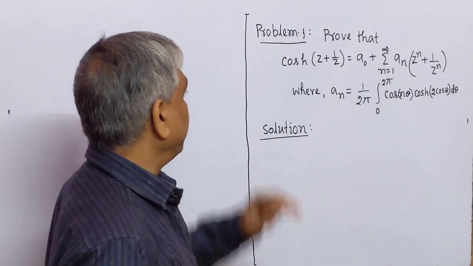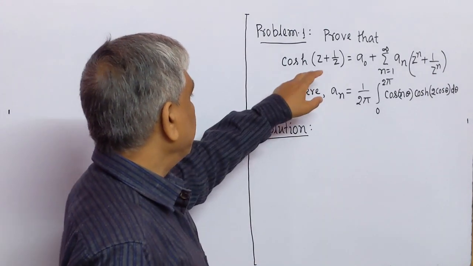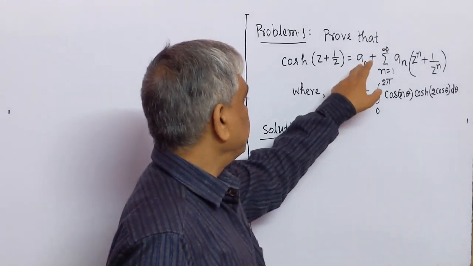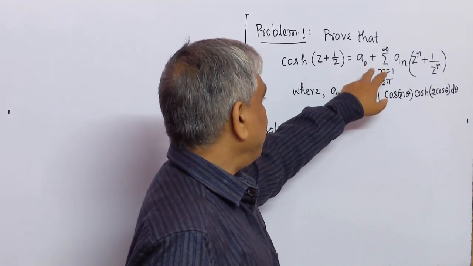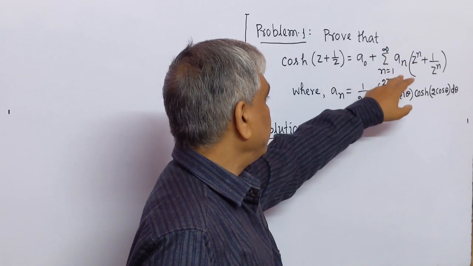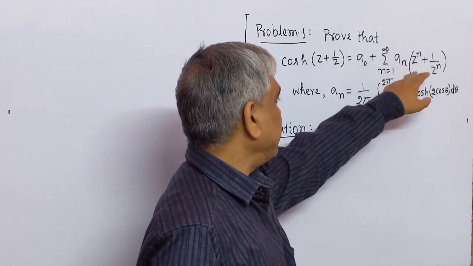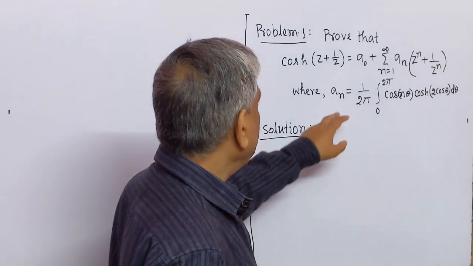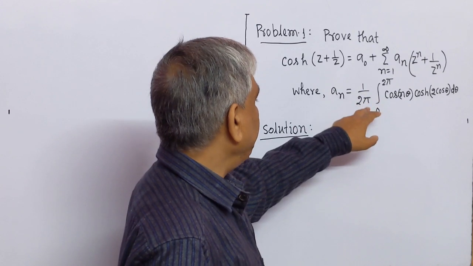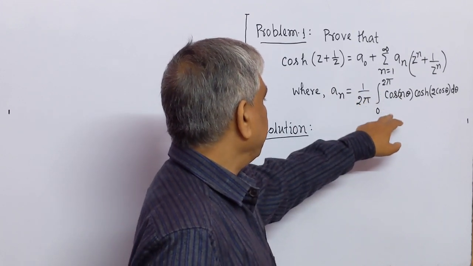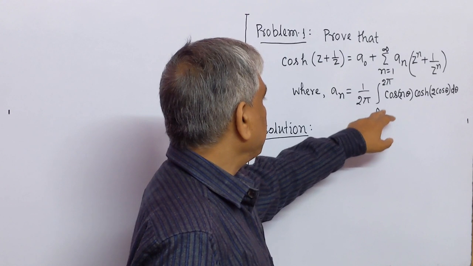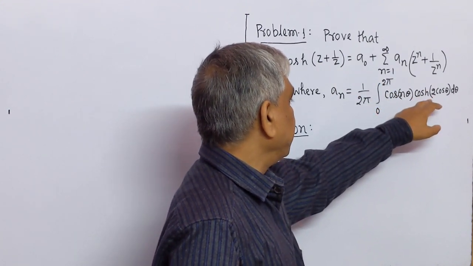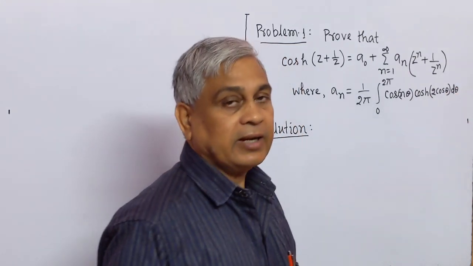Problem 1. Prove that cosh(z + 1/z) = a0 + sigma n equal to 1 to infinity an (z^n + 1/z^n), where an = 1/2π integration limit 0 to 2π cos nθ cosh(2 cos θ) dθ.